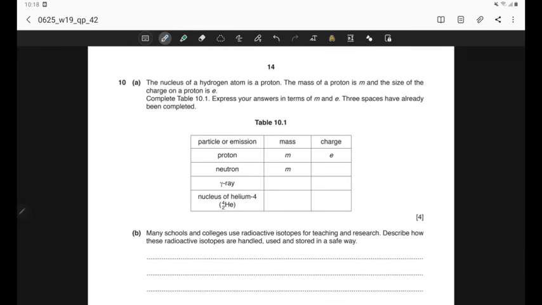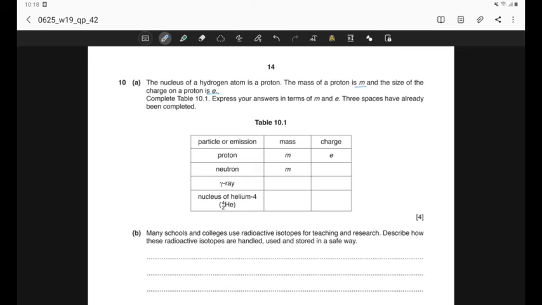Question 10 part A. The nucleus of a hydrogen atom is a proton. The mass of proton is m and the size of the charge on a proton is E. Complete the table 10.1. Express your answers in terms of m and E. 3 spaces have already been completed.